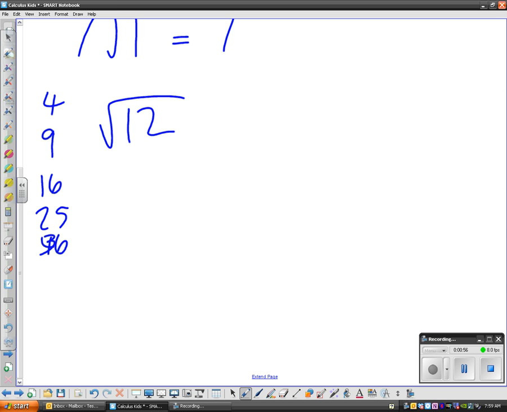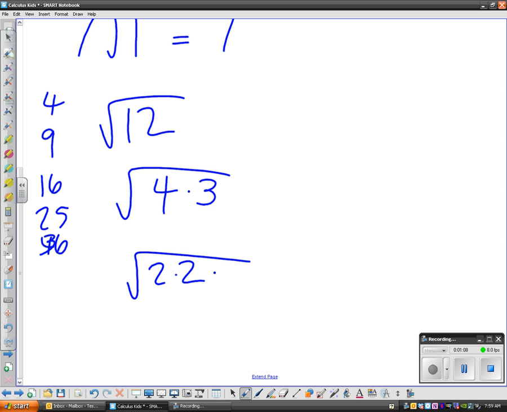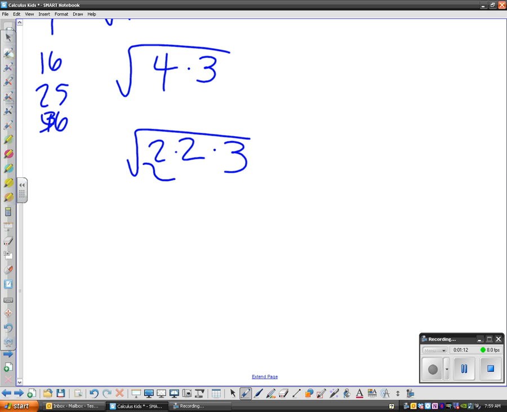But for now, I'm looking at it and I see that a 4 goes into 12, and it goes into 12 3 times. Now, further breaking down, 4 is 2 2s times 3. So again, I have another pair. So one of my pair goes on the outside of my radical, and I'm left with radical 3 on the inside.